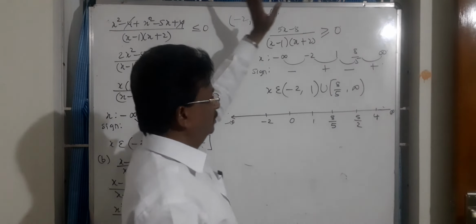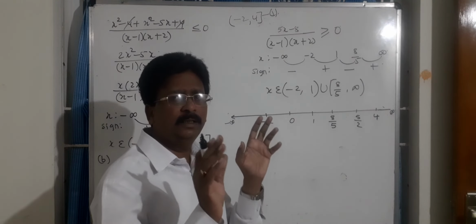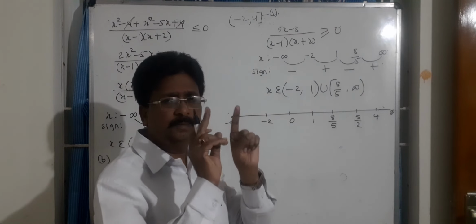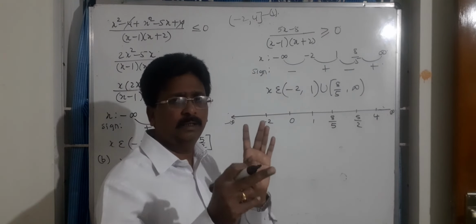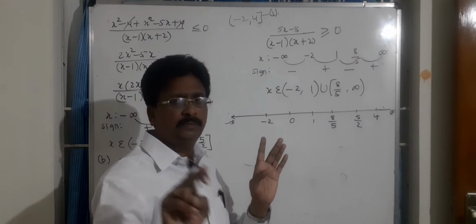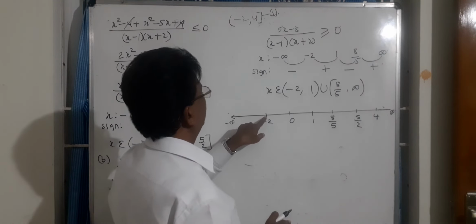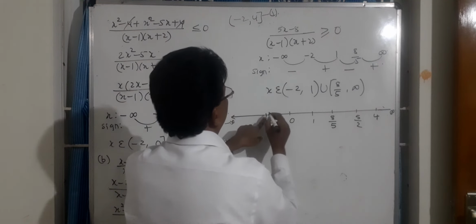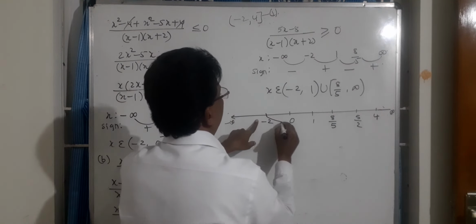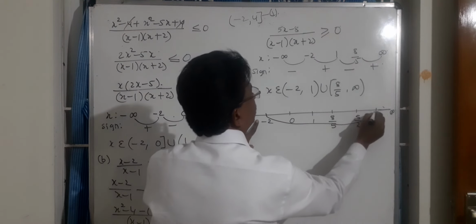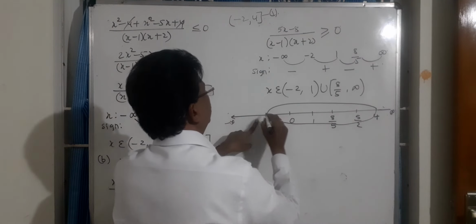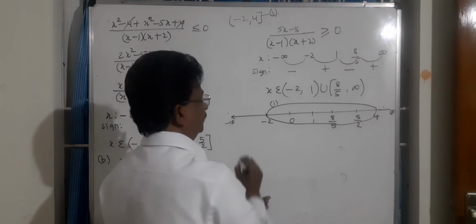Now let us identify the intervals in the first case, second case, third case by rounding off. This interval -2 to 4, from this point to 4. So therefore just we have to round off like this. This is the first case.